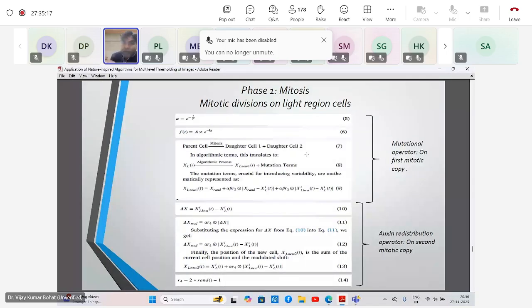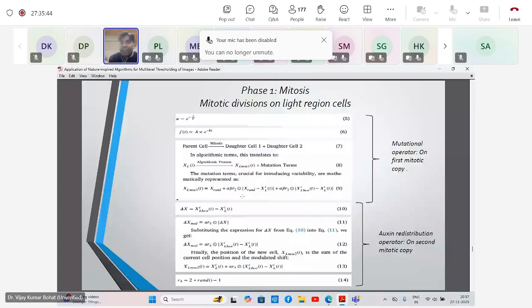To mathematically model the mutation, we have used equation 9. In equation 9, you can see we have used XRAND first, meaning any solution will be randomly picked in the population, plus alpha, beta, and R2. Alpha is basically the exponential decay. Beta is a vector which can have only two values, -1 and +1.